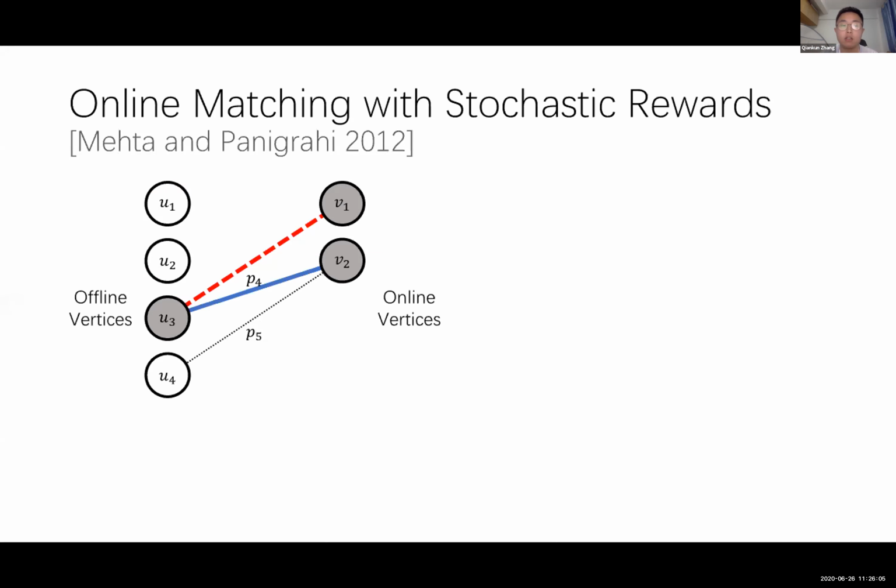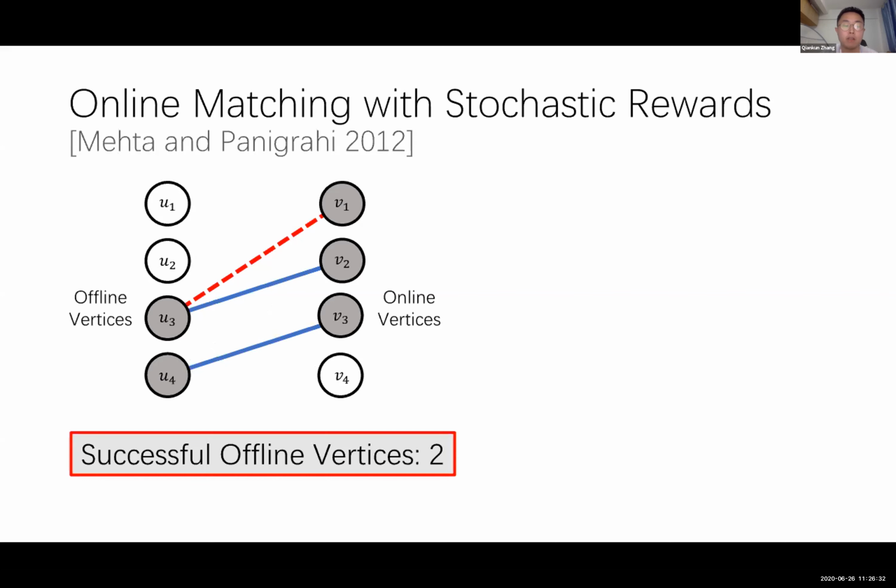Assume that U3 is successful. When the next vertex V3 arrives, it has only one unsuccessful neighbor U4, and assume that U4 is successful in this round. When the last vertex V4 arrives, because both of its neighbors have been successful, we must leave V4 unmatched. The total number of successful offline vertices in this instance is 2.